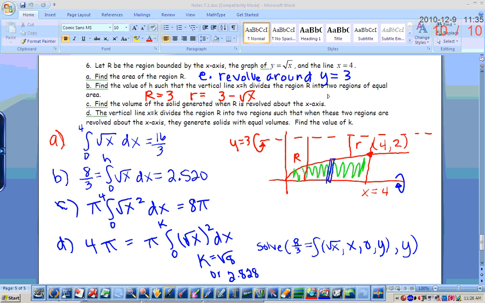All right, so the formula would be pi, still the integral between 0 and 4. Big R squared is 3 squared minus little r is the quantity 3 minus root x squared, dx. We think the answer is 24 pi.